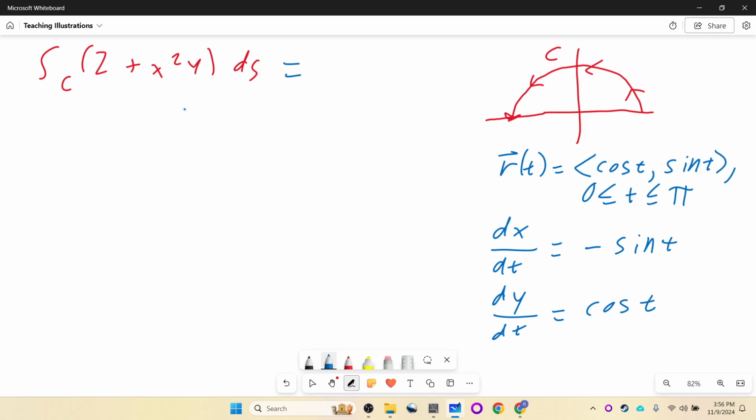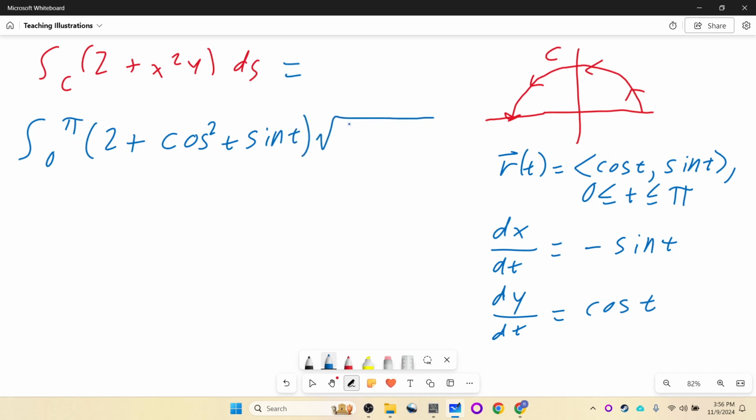So this will become the integral from 0 to pi of 2 plus, now x is cosine, so cosine squared t, y is sine, so sine t, times the square root of sine t squared plus cosine t squared dt.